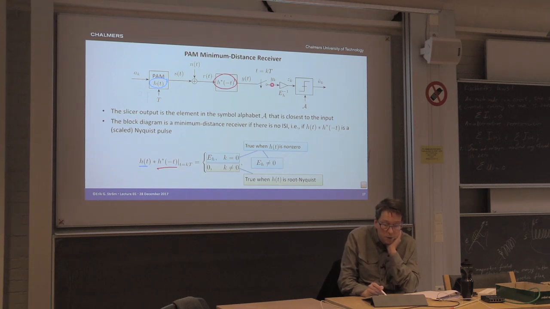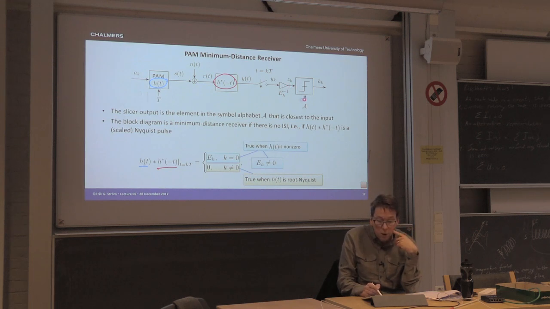So yk, what we're going to do with yk now to implement the minimum distance receiver. The first thing we do is to divide by the energy of h. So this is multiplication with E_h raised to the power -1, so this is division with E_h essentially. And then we get Z, and then we feed that through this box here. And this box compares Z with all the elements in curly A. Remember, curly A are the possible amplitudes that we use when transmitting data.